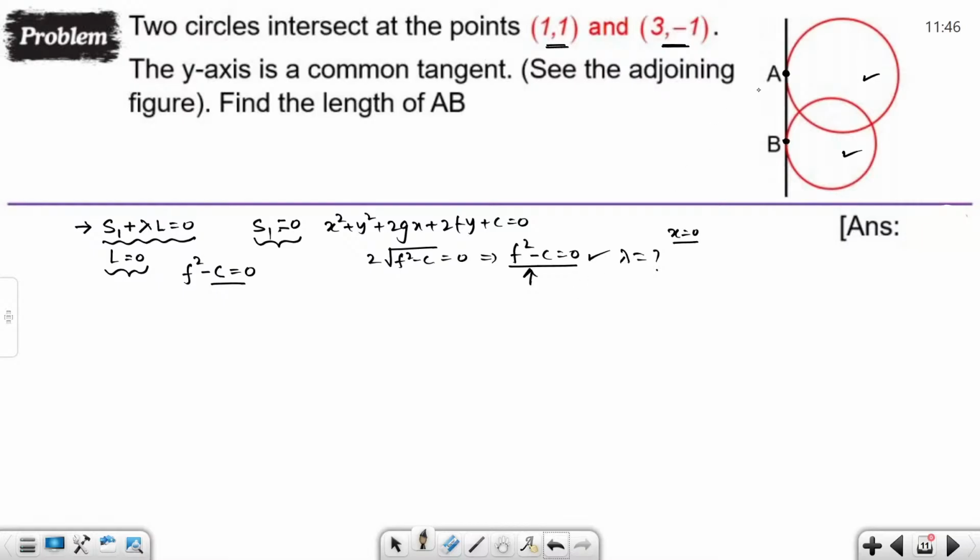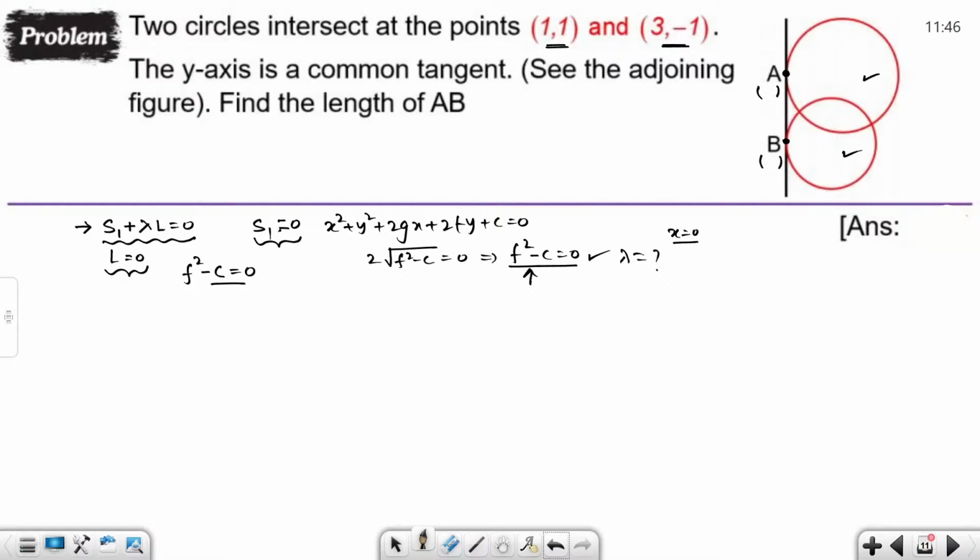That is, in that case, you will know the coordinates of A and B. From there, you can find out the distance AB. So it's a long method. I have given you the hints. Even if you try the problem by using this method, you can do the sum. There is no harm. But the thing is that it will be a long one. It will consume a lot of time solving this sum.